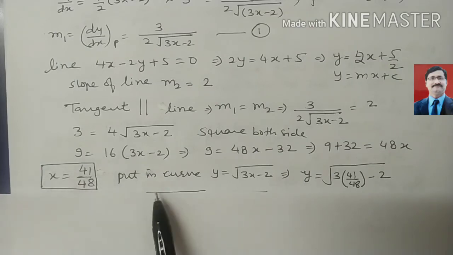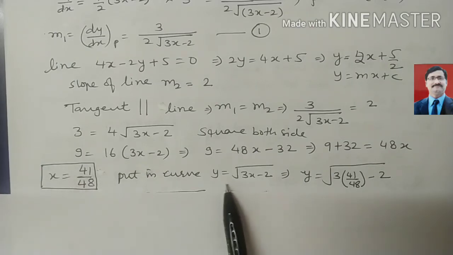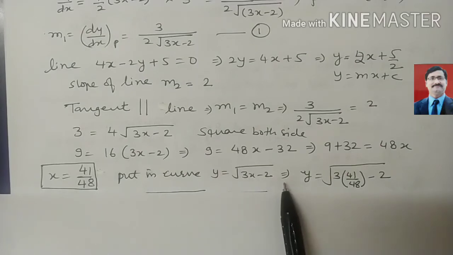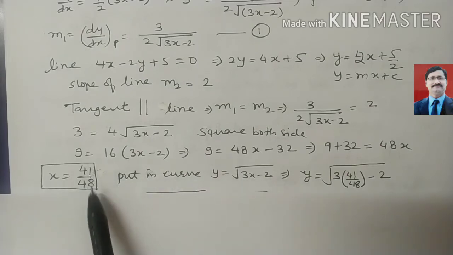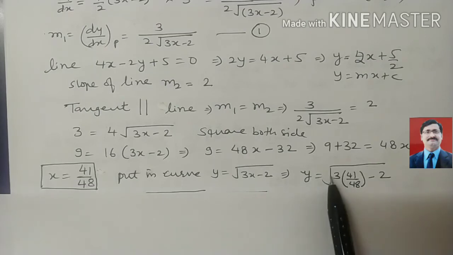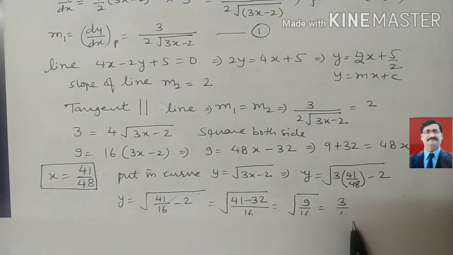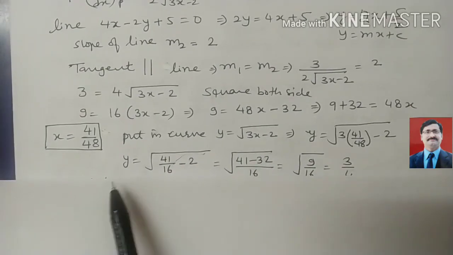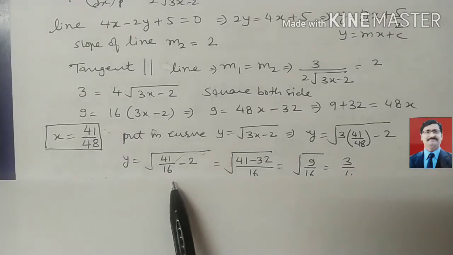This value we will put in the curve y equal to root 3x minus 2. In place of x we put 41 by 48. Now we get y equal to root of 3 (41 upon 48) minus 2. Now this 3 and 48 we can cancel, we get 16, so y equal to root of 41 upon 16 minus 2.